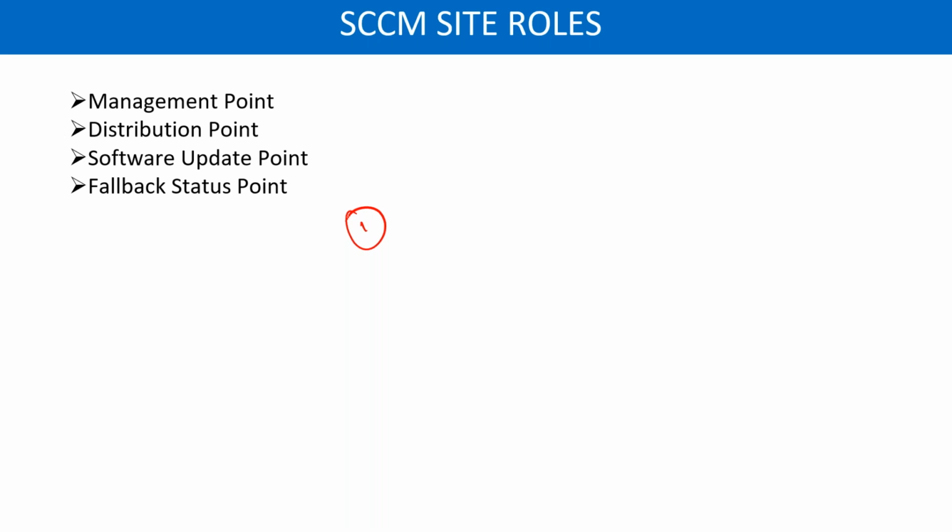So it will work as a DP as well as an MP? No, don't get confused. It's not a replica of DP and MP. It is only collecting status messages. It is not collecting inventory. MP is collecting inventory, plus it is also giving policies.